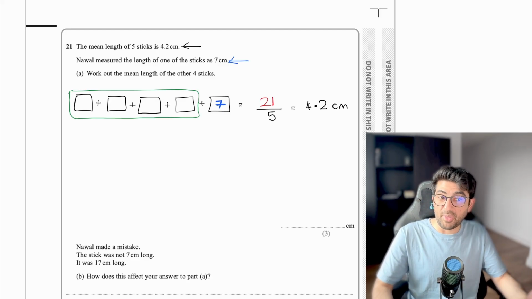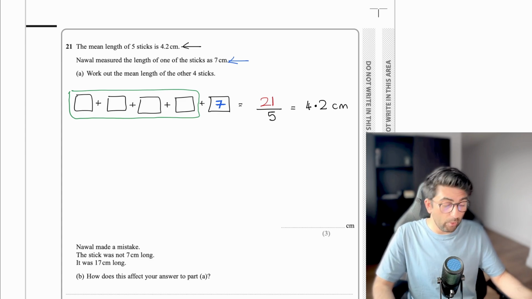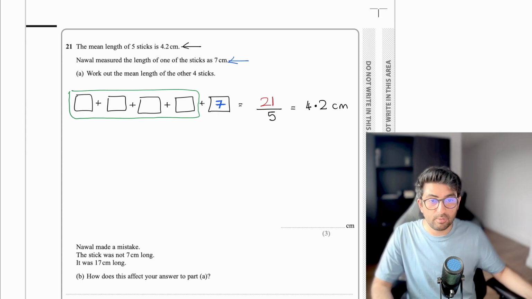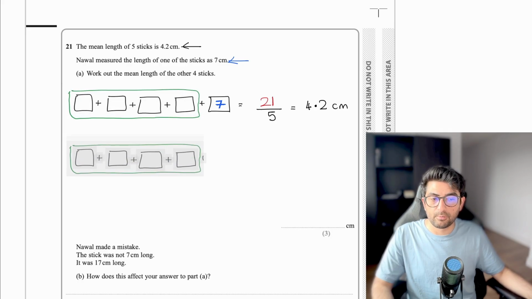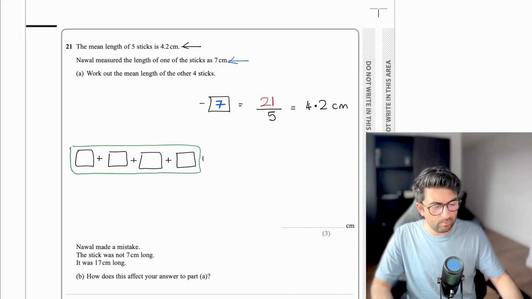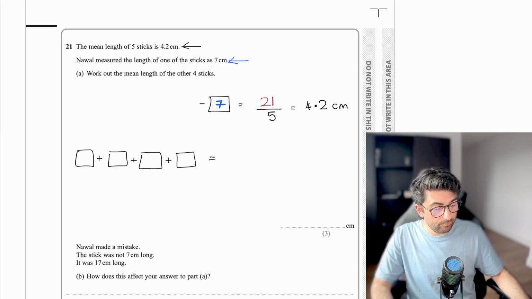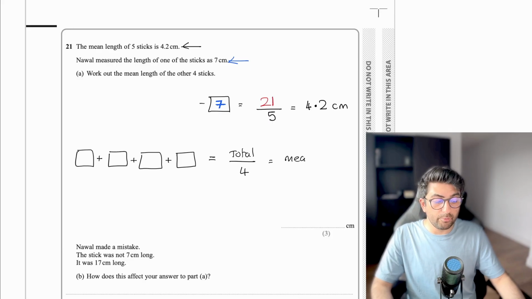So altogether, they must be 14. Okay, so the total of those ones, just these ones, must be 14. Okay, so if I put an equals, the total divided by, well, there's 4 now, equals the mean. Well, we know the total. We've just said it's 14.